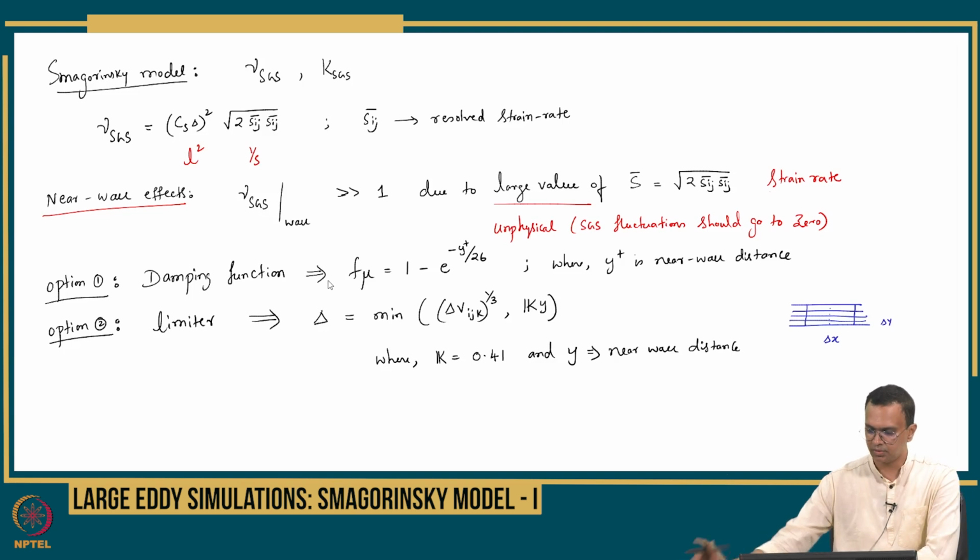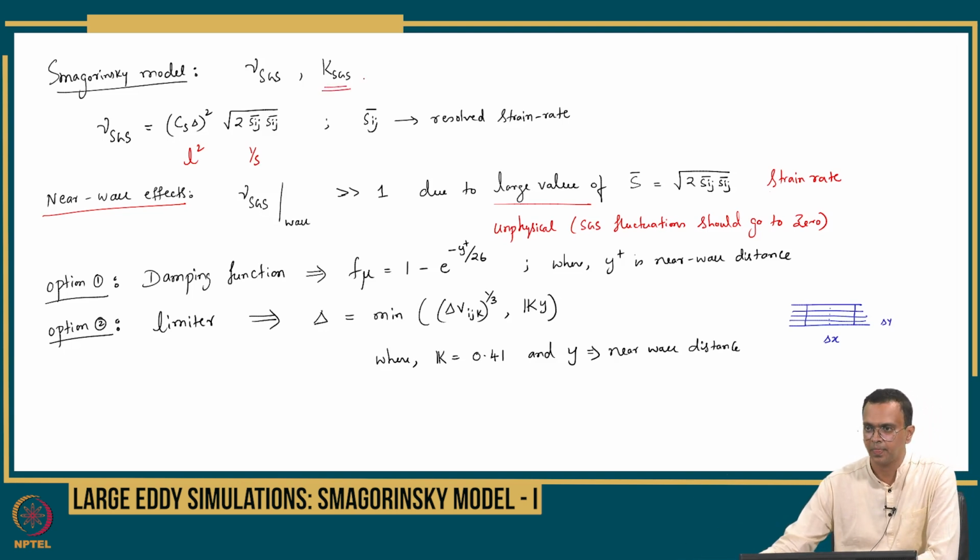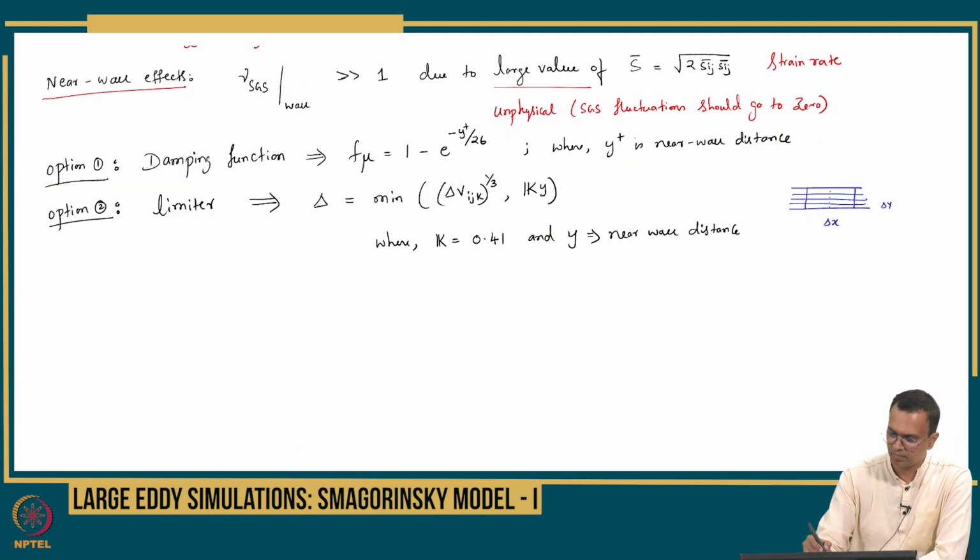So now the other question is, if you are having KSGS in the computation in the Smagorinsky model, then how to get this KSGS? One way out is to solve a transport equation, which is a popular technique in some of the open source codes as well as commercial solvers. They use a transport equation for SGS kinetic energy. Okay, so we'll see what it does.